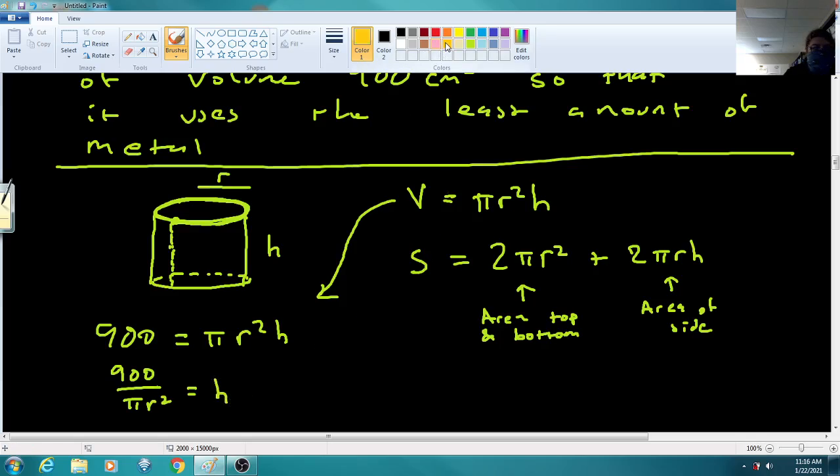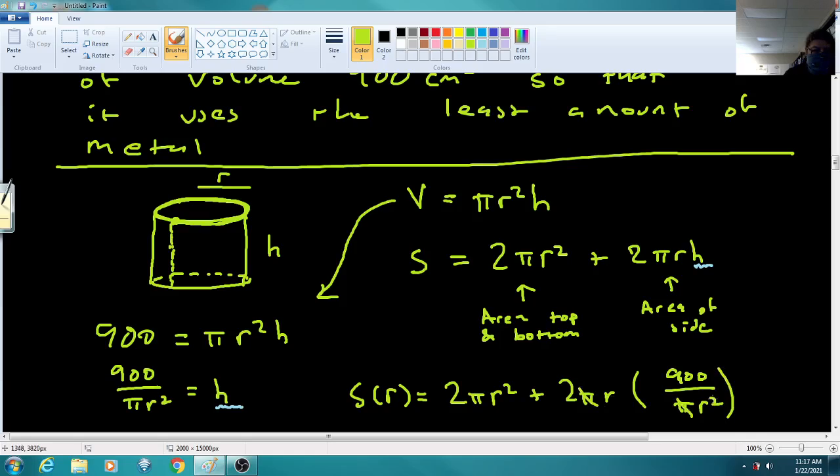Now that I know this is h, I can substitute that in for h out here. And I can get my surface area in terms of the radius r is 2 pi r squared plus 2 pi r. And instead of h, I'm going to use 900 over pi r squared.